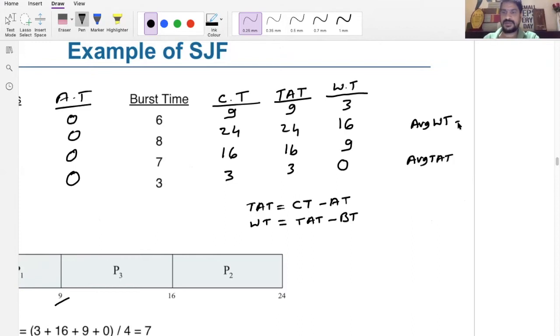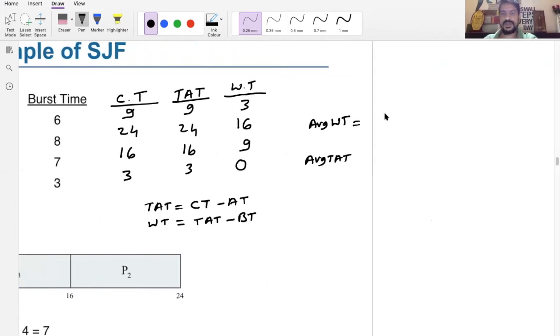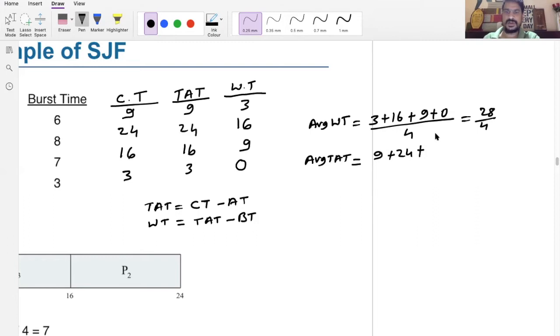So the average waiting time here is 3 plus 16 plus 9 plus 0, so 19 plus 9 will be 28, divided by 4. The average turnaround time will be 9 plus 24 plus 16 plus 3 divided by 4.